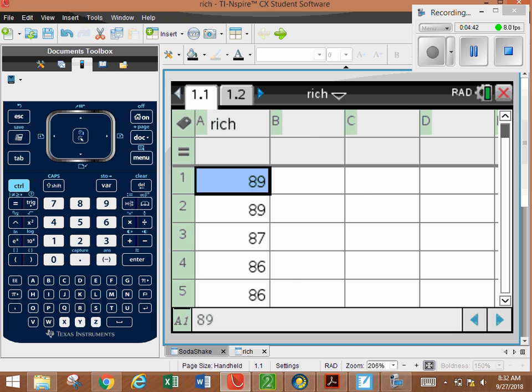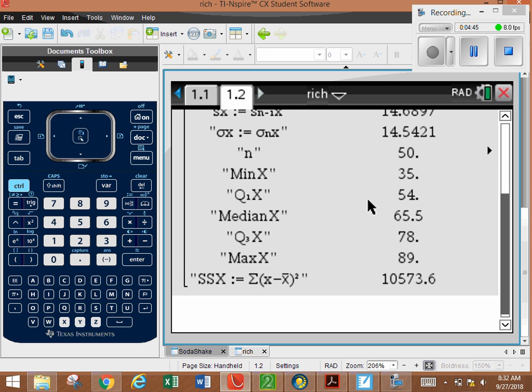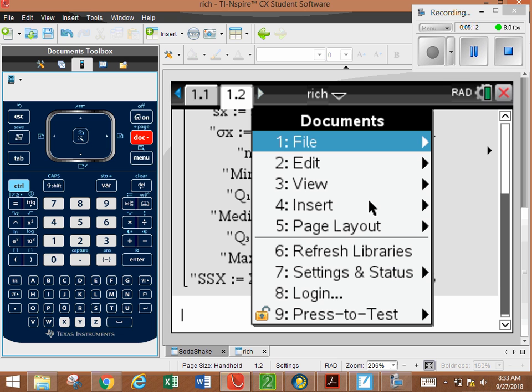So yesterday we found these one variable statistics for this, right? Now let's make this thing graph a box plot for us. So what do we do? We're going to hit doc, and we're going to insert the data and statistics page.